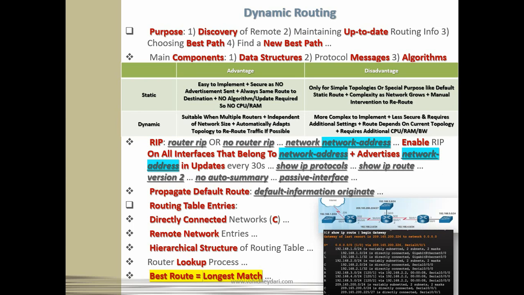This is known as the best route or the longest match. The route with the greatest number of equivalent far left bits, or the longest match, as I said, is always the preferred route. And this is the same with IPv6 entries in the routing table too.